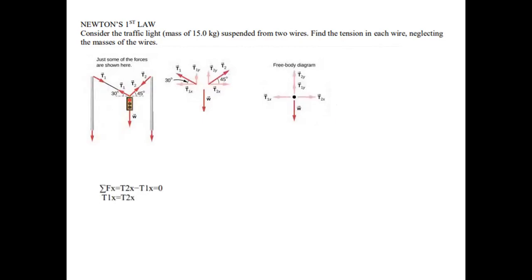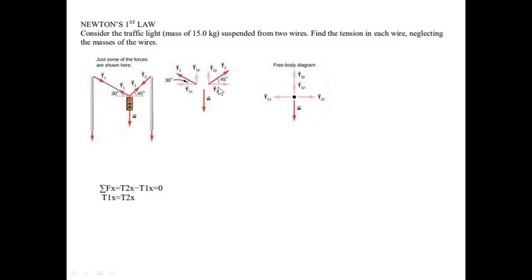To proceed with our solution, for this type of problem, we sum forces horizontally and vertically. Summing the forces horizontally, forces going towards the right are positive and forces going towards the left are negative. Since by the first law the summation of forces is equal to zero, T2x minus T1x equals zero.